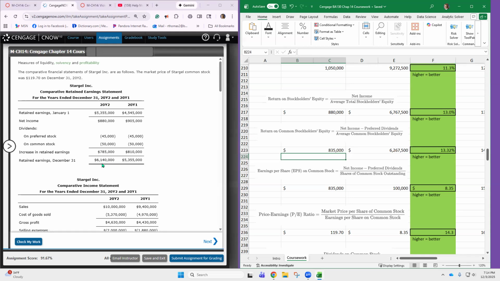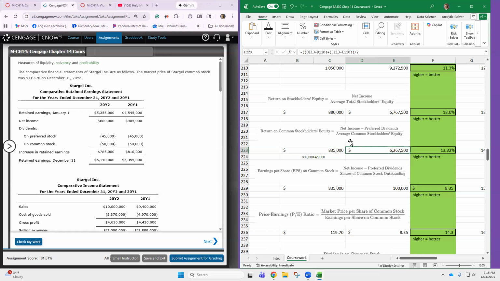So if I take my income, which is 880,000 for year 2, here's what I'm doing: 880,000, and I'm going to subtract my preferred dividends, so minus 45,000. Okay, so that should be good.